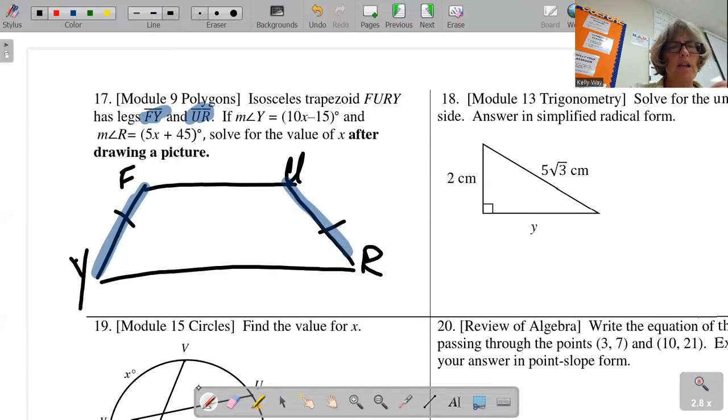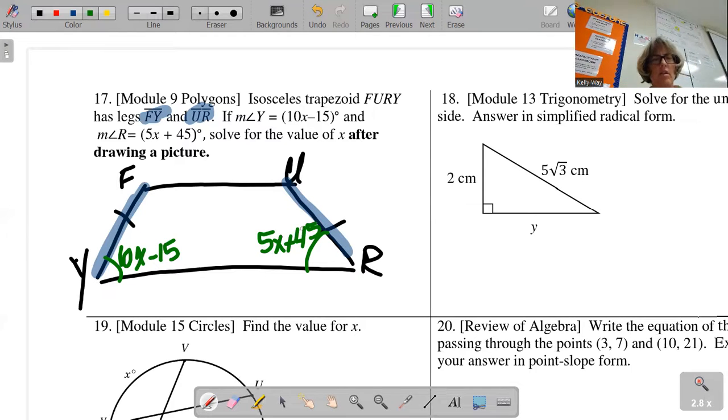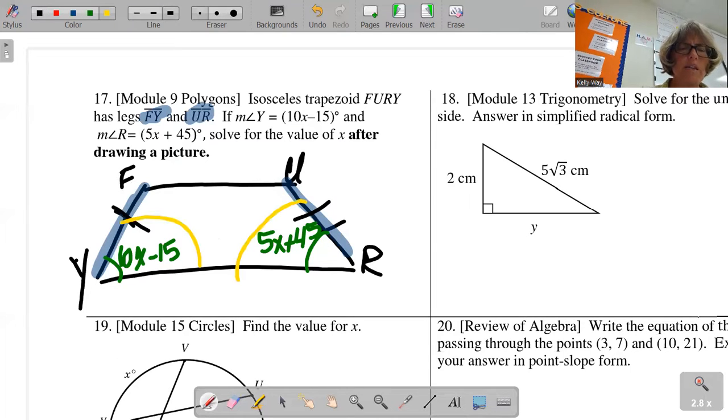We are told that angle Y is 10x minus 15, and we have angle R is 5x plus 45. Solve for x. Well, this one, if you have two equal sides in an isosceles trapezoid, these base angles are simply equal to each other. So angle Y is going to be congruent to angle R. Solve for x.